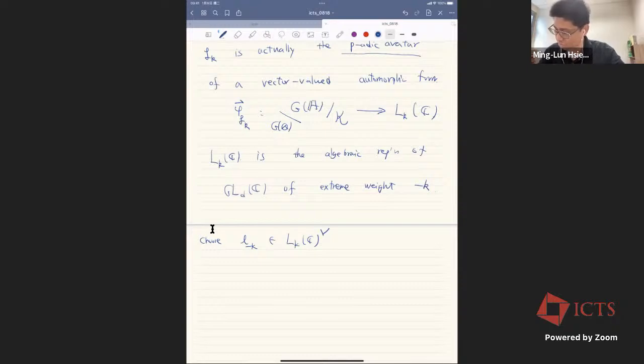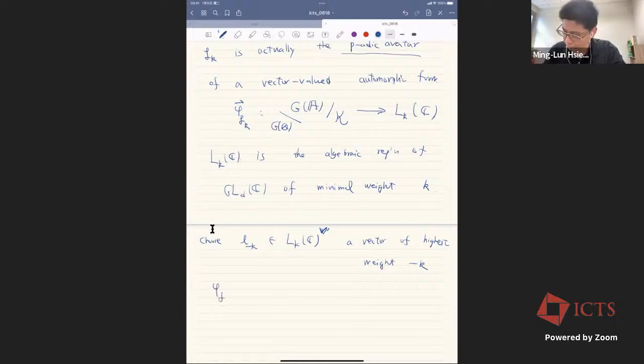So this is a vector of highest weight. Actually this is minimal weight, and this is the highest weight. Highest weight is negative K, so minimal weight is K, highest weight is negative K. Okay, and so this is dual.